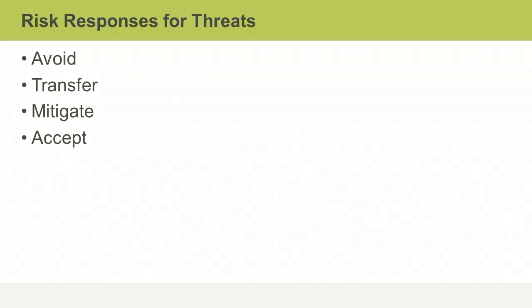Another strategy for responding to negative risk is to mitigate the risk. This involves reducing the probability that they'll occur and the impact that they'll have, if they do, to acceptable levels. Building redundancy into a system is an example of a way to mitigate the risk of system failures.